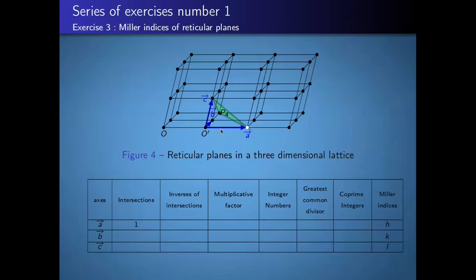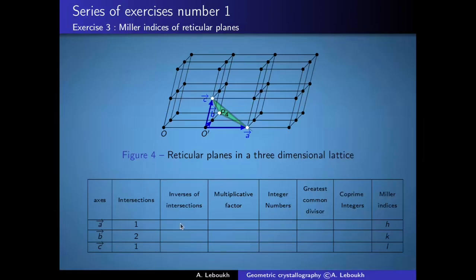So it cuts A in 1A, intersection is 1, cuts B in 2B, and it cuts C in 1C.